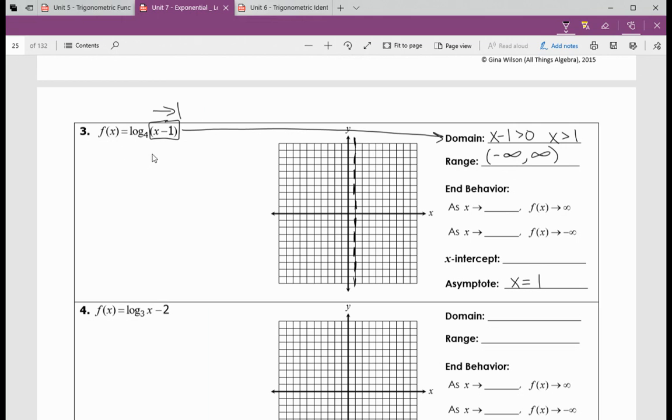Okay? So the rewrite's going to be a little bit different because I do have that group. First thing I did, I took f of x out, replaced it with y. I'm going to rewrite 4 to the y equals that parentheses x minus 1.